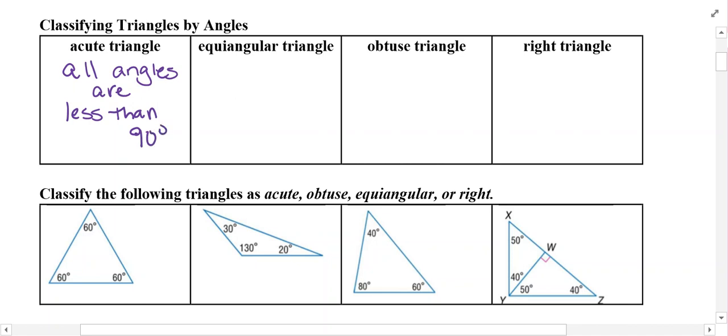Equiangular triangle: all angles are congruent, which means their measures are equal. Since the angles of a triangle add up to 180, each angle would be 60 degrees.